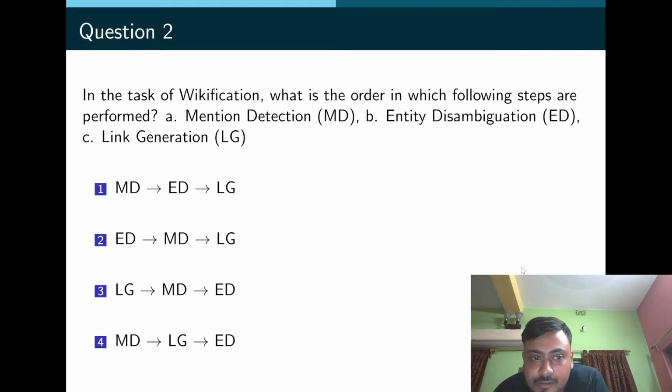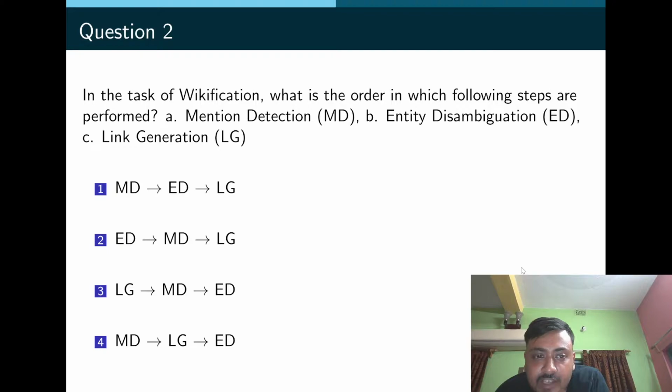Okay, so the next question is, in the task of wikification, what is the order in which the following steps are performed? Mention detection, entity disambiguation, and link generation. These are these three tasks, as you know.